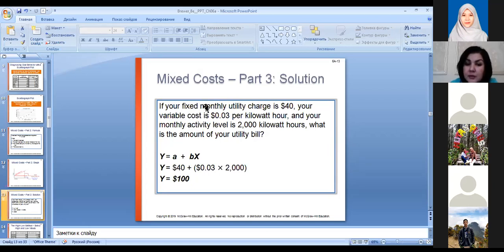In our example, the fixed monthly charge is $40. Plus, you have to pay a variable part, variable cost per kilowatt hour, which we multiply by the number of kilowatt hours used, and we will receive total cost equal to 100.